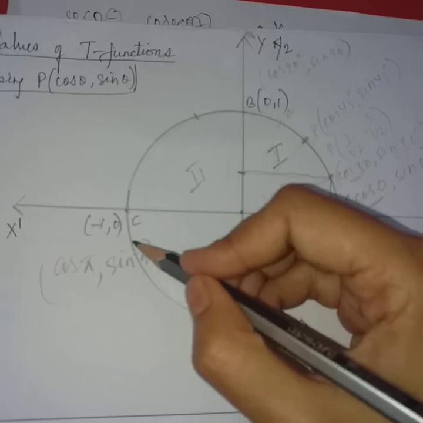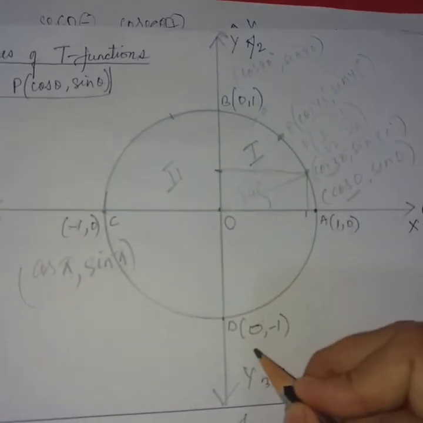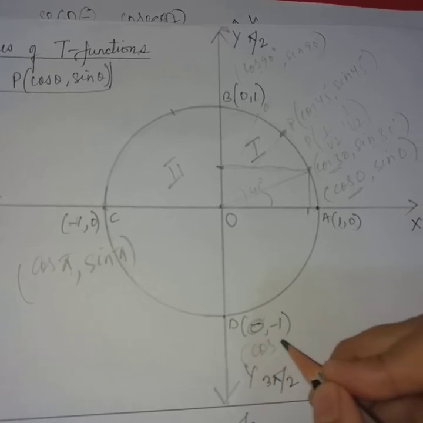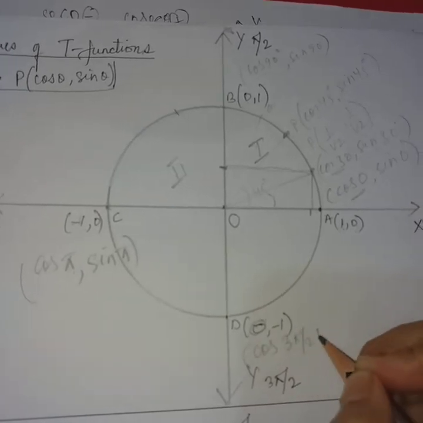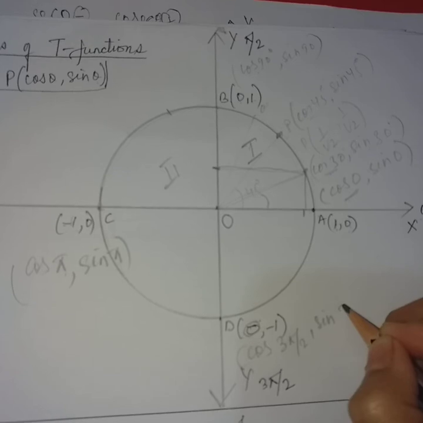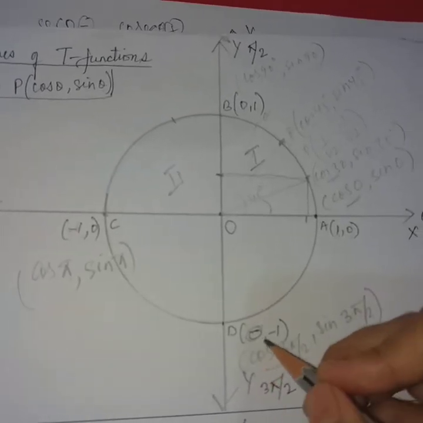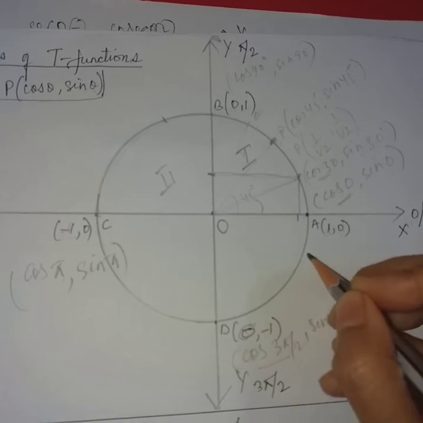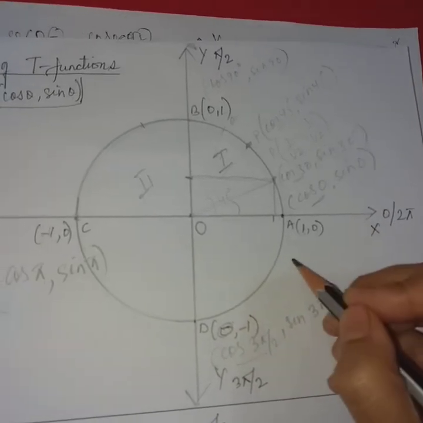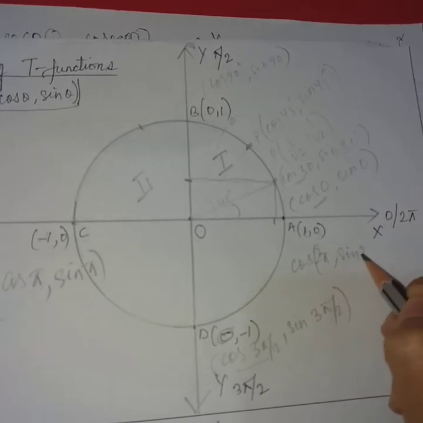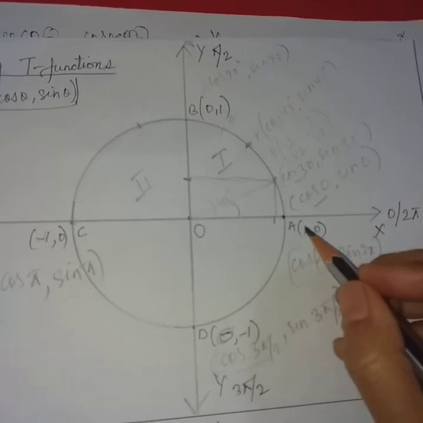Again, if we move on, the value of cos is again 0, the x coordinate is 0, that is at 3 pi by 2. Again, as we move on and come back to the original place, this point will be cos 2 pi, sin 2 pi. So the value of cos becomes 1 again.